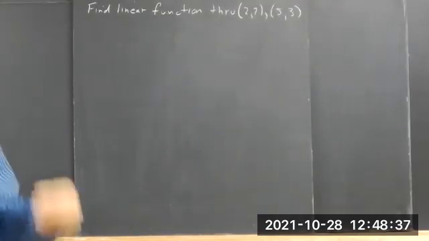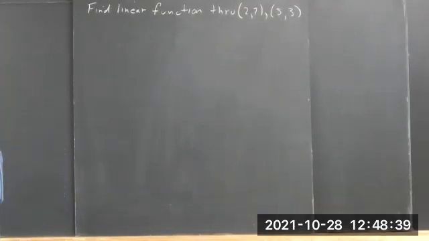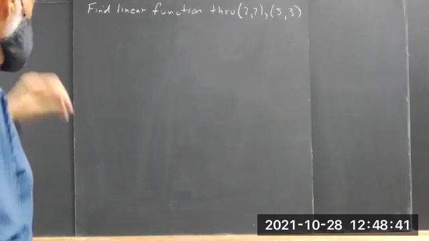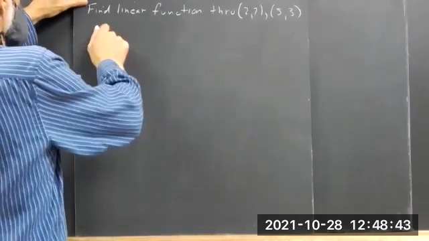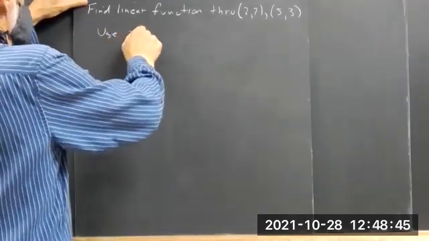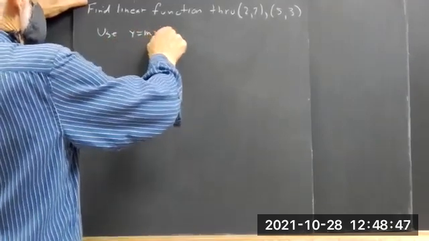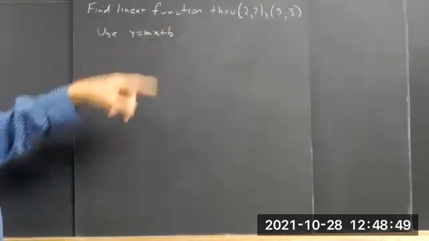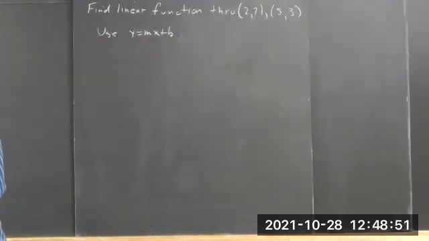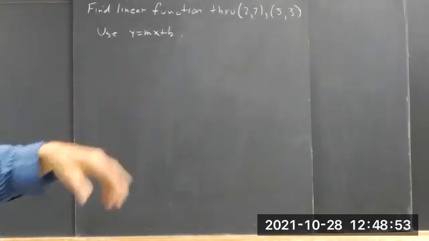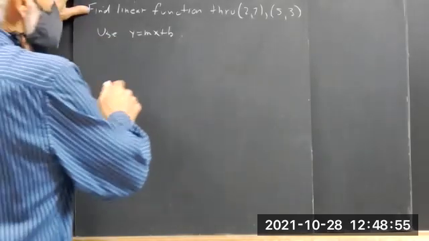You want to find a linear function through the points (2, 7) and (5, 3). Of course, you've got formulas for it, but you know that you can use y equals mx plus b, right? And you can plug the x and y components in.